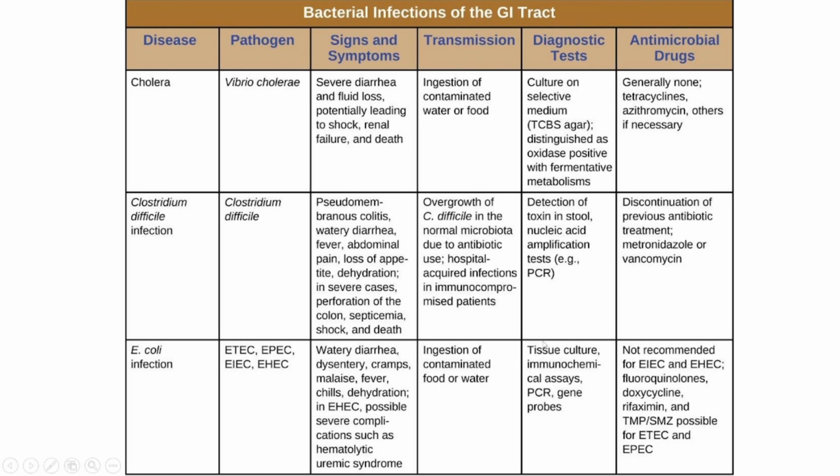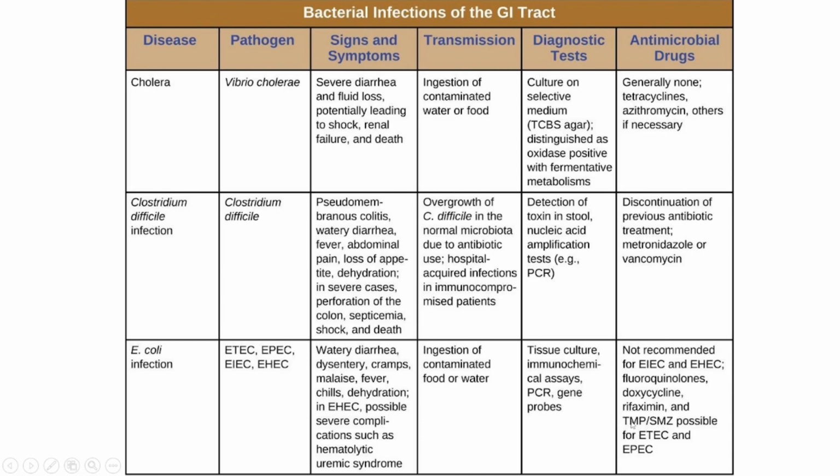And then about the diagnostic test, the diagnostic tests of E. coli are tissue culture, immunochemical assays, PCR, gene probes. These all are the molecular biology techniques which are going to be used in order to detect E. coli infections. And the drugs for the treatment: this is not recommended for these two strains, EIEC and EHEC.